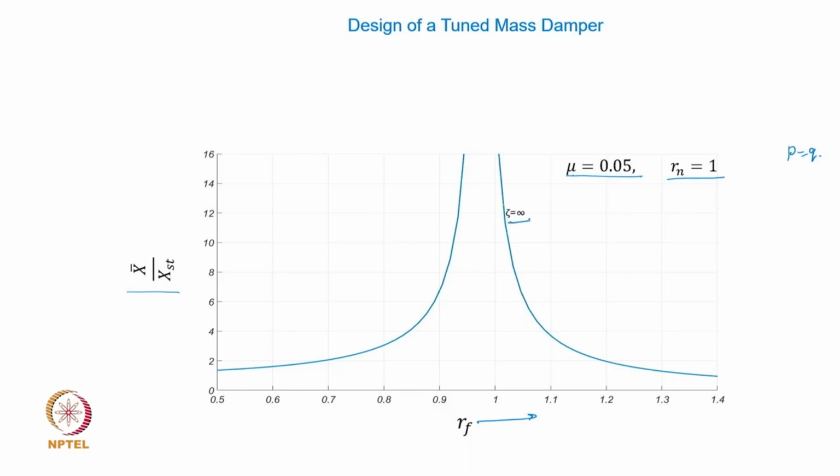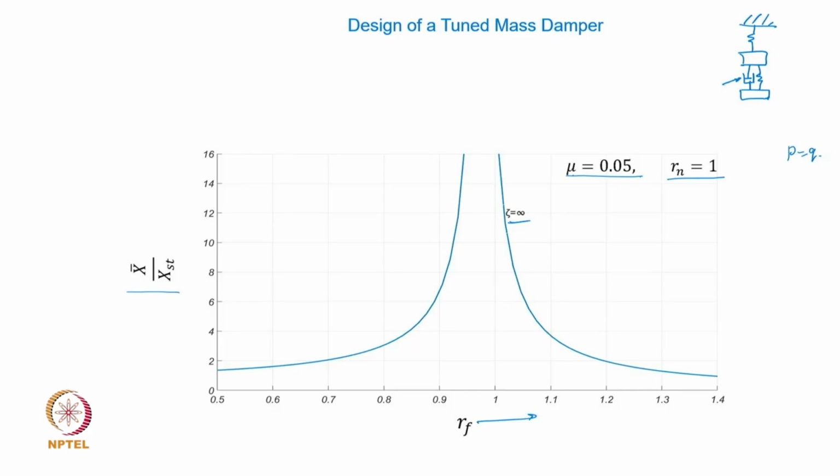When you take a very high damping ratio close to infinity, this is how the response looks. Now if you look at this system, the parent system and the vibration absorber with the damper, what would zeta equal to infinity actually mean? That the dashpot fluid is so viscous, it just does not allow any relative motion.